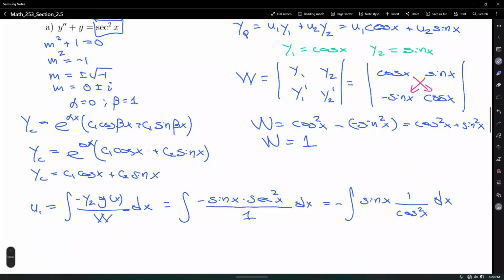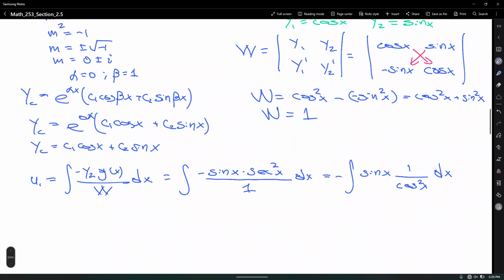Furthermore, I will break up this cosine squared into, that is negative the integral of sine x times 1. Do you guys agree cosine squared is the same as cosine times itself? One cosine goes to the denominator of sine, and another cosine remains in the denominator of 1, cosine times cosine, back to cosine squared. Don't forget the dx.